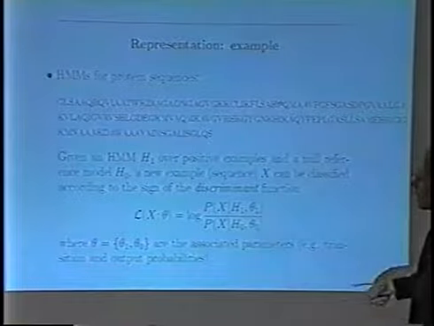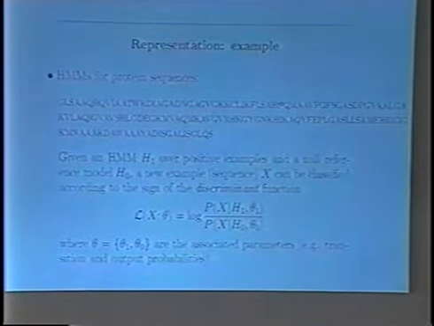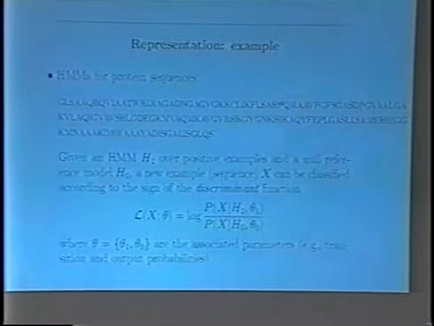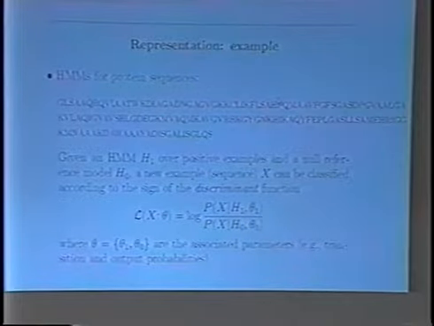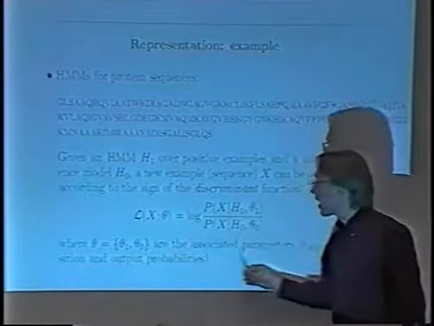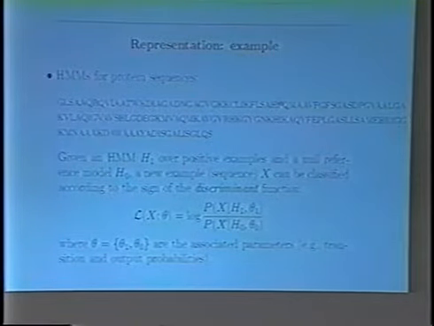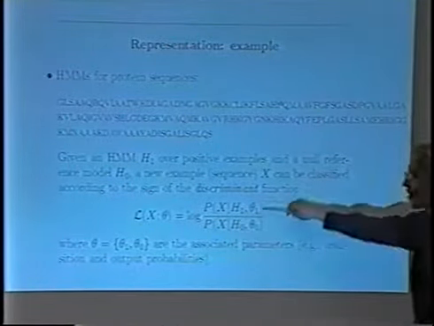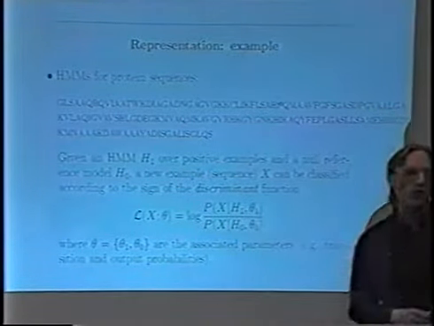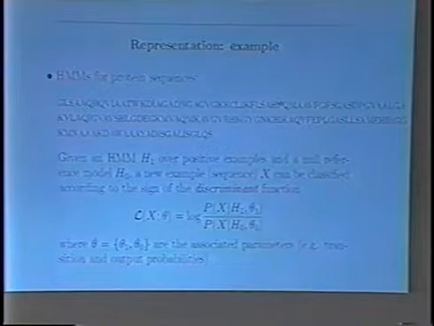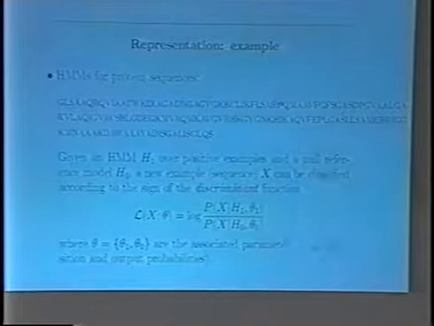And suppose we have some reference model, hidden Markov model or other, for the other class, not for this family of sequences, then any new sequence that we get would be classified based on the sign of this log likelihood ratio. Okay, is this sort of clear to everybody? That if the models were perfect, then this would in fact be the optimal decision criterion to classify the sequences with.